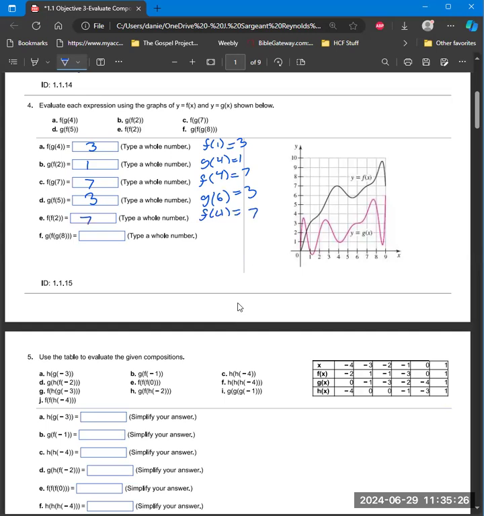Now we want g of f of g of 8. Wow. G of f of g of 8. So g of 8 is looking like 4. F of 4 is 7. And g of 7 we haven't found yet is 4.